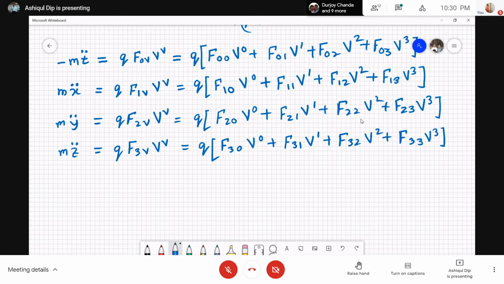So then, just leave the above equation, or no, let's approximatize everything. So minus m t double dot equals q f00 plus f01 Vx, what is v1?